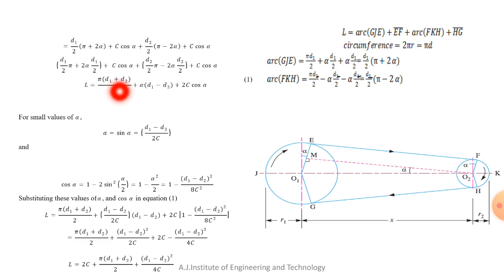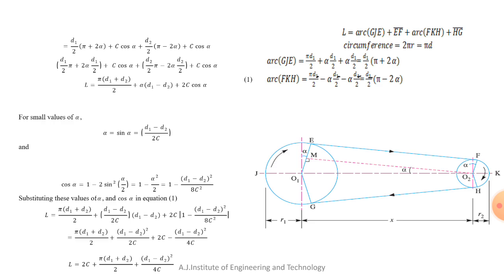So you will get d1 plus d2 again from here. So 2 2 will cancel, similarly 2 2 will cancel, so you will get alpha into d1 minus d2, second term you will get. Next last term and this term you have to add, that is C plus cos alpha plus C plus cos alpha, you will get 2C cos alpha.